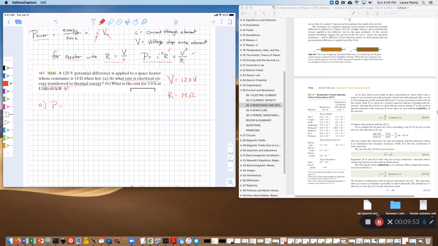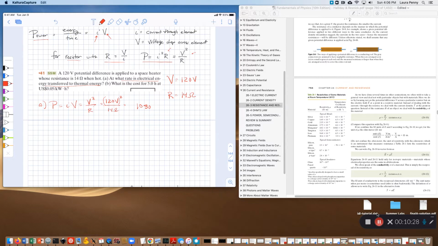That's basically the P. So we can either do IV, or here we'd rather do V squared over R because we know V and we know R. So 120 volts squared over 14 ohms. 120 squared divided by 14 is 1,030.